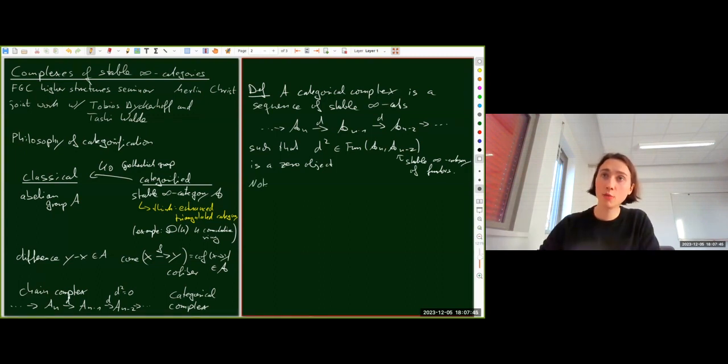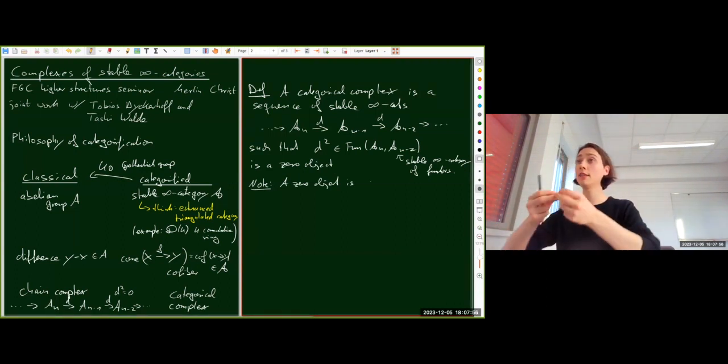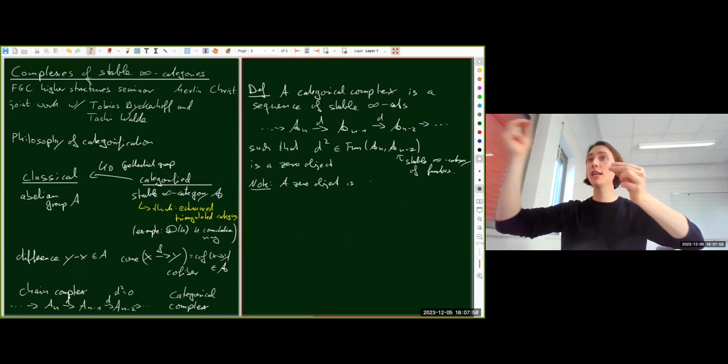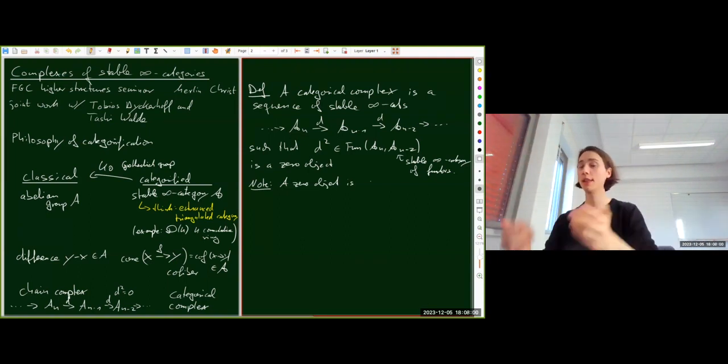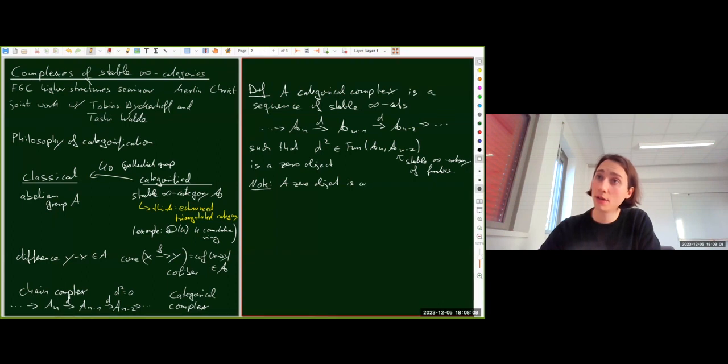that being a zero object, what does that actually mean? Well, a zero object is an initial and terminal object. So you know what an initial object in a category is. It's an object where to any other object there exists a unique morphism. There's a corresponding notion in infinity categories of initial and terminal objects.